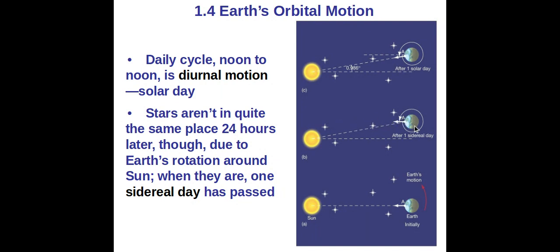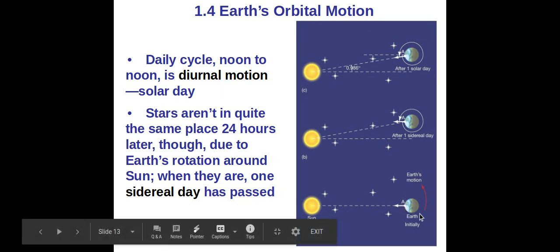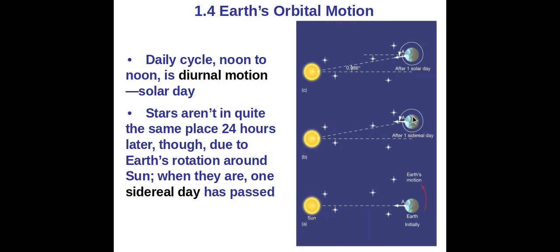So 1 360-degree rotation is actually what we call a sidereal day. But if you want to get the sun back to the same point in the sky, you actually have to go about 1 degree more, because we have gone 1/365th of our journey around the sun. So after 1 solar day, you have to spin a little bit further. So it's like 361 degrees based on this angle.